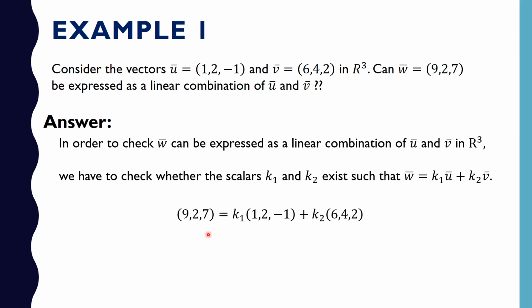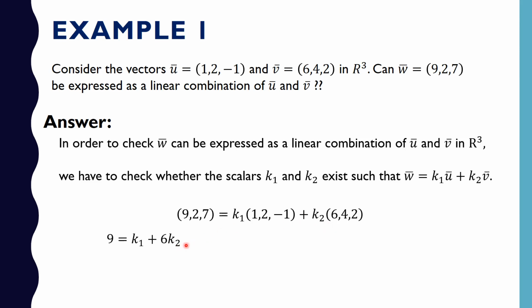Now we are going to rewrite this particular equation in a more compact form, which is a system of non-homogeneous linear equations. How to do that? Simply we have to equate the components on both sides. For example, if we equate the i component on both sides, we end up with a relation 9 equal to 1 times k1 plus 6 times k2.